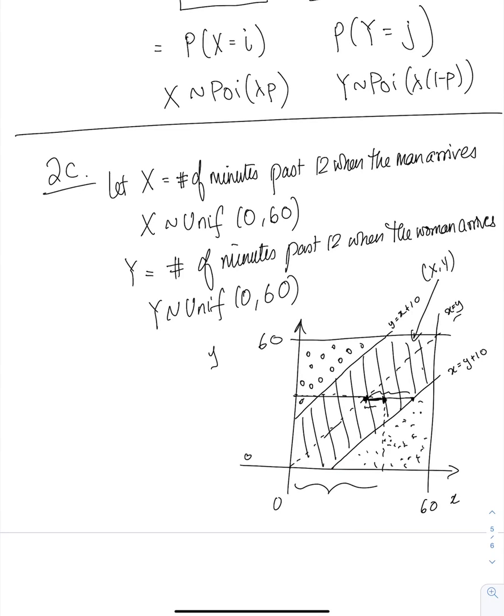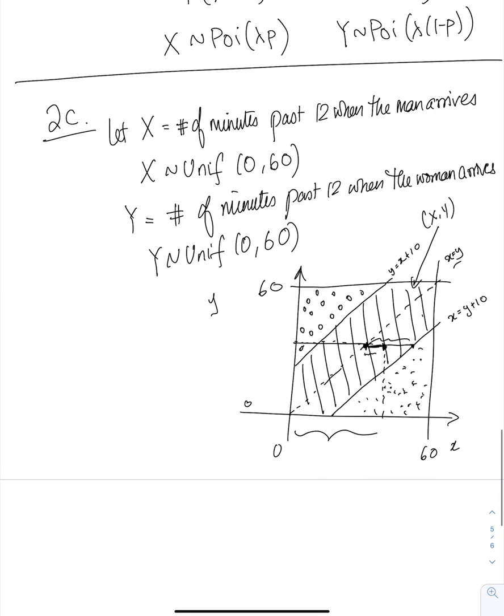And if the arrival time is in this region with the little circles, it tells you that the man has to wait more than 10 minutes. So I'm going to show you one way of doing this, and the book has the same thing, but still, I like to look at this picture.